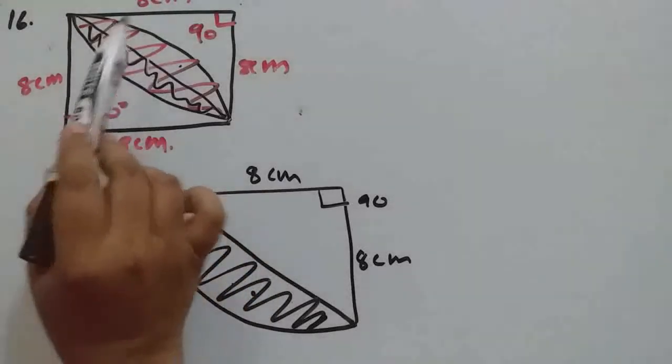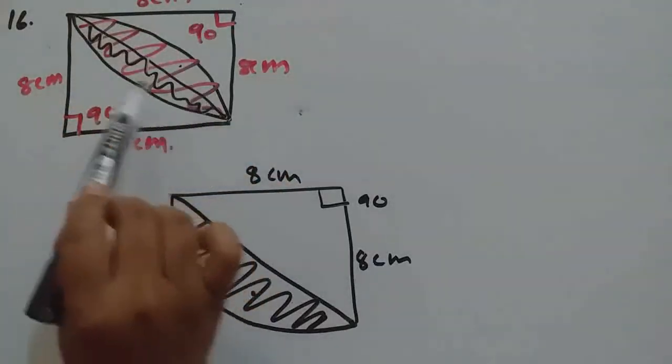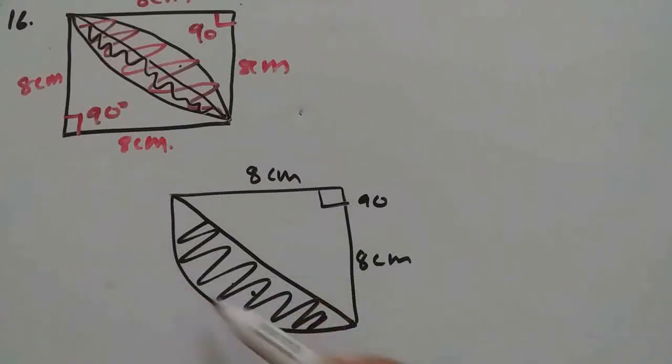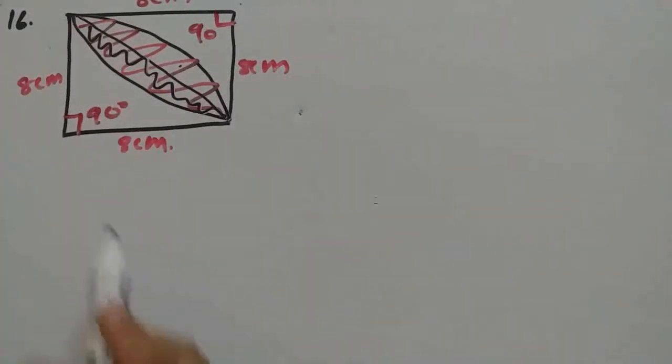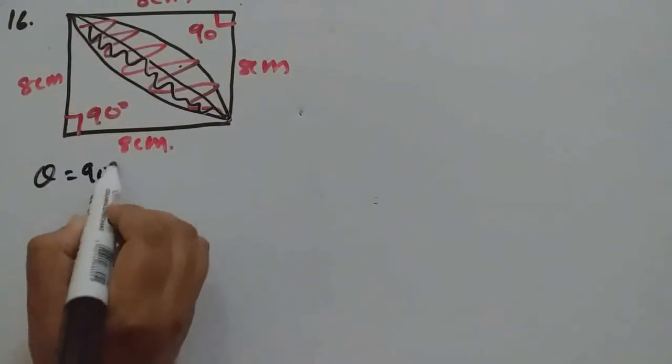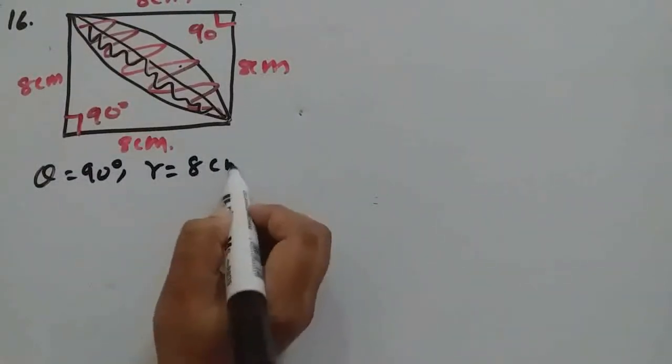So here we will consider this as area of sector. So now we will find area of sector first. So theta is 90 and r is 8 centimeter.